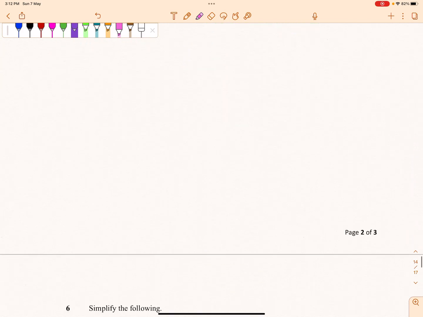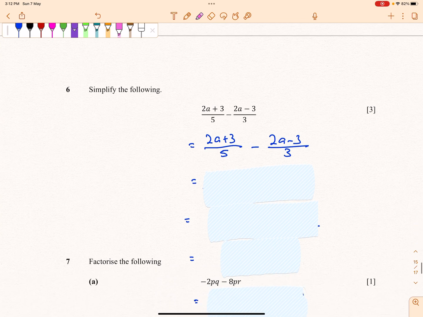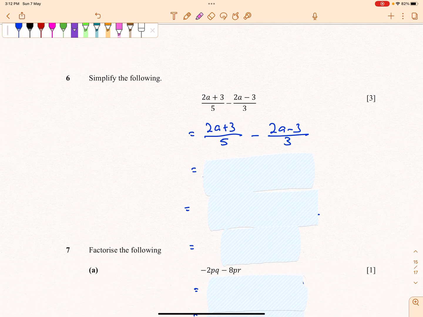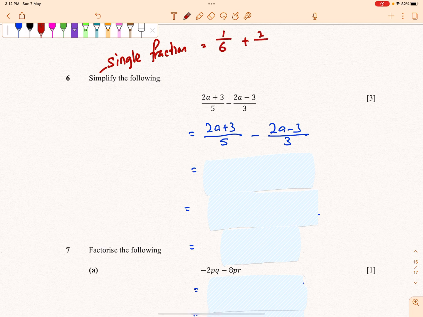Moving on, question 6. Now, simplify means I want to express all into a single fraction. And for a single fraction to take place, I recall that I must have all with the same denominator, then I can group together into a single fraction.